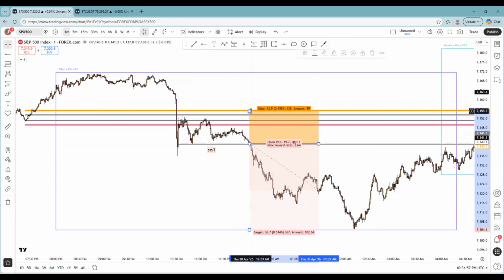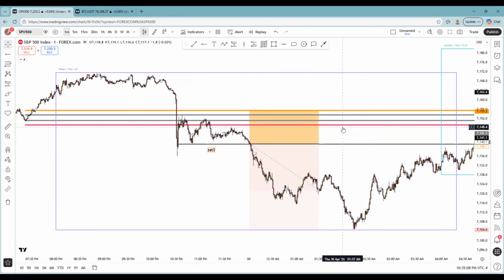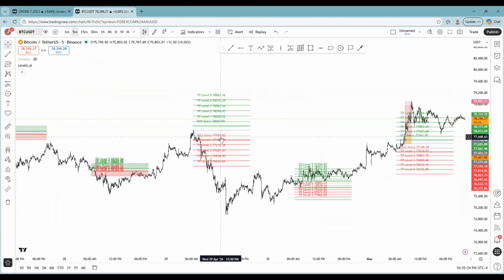And then another thing that I started doing is for my SLs, my stop loss levels, this will be my stop loss, from these four lines. This is not how you use the indicator as far as stop losses go. Your stop loss can be whatever you want it to be, and your take profit can be whatever you want it to be. The original levels indicator only had sell and TP levels or buy and TP levels.